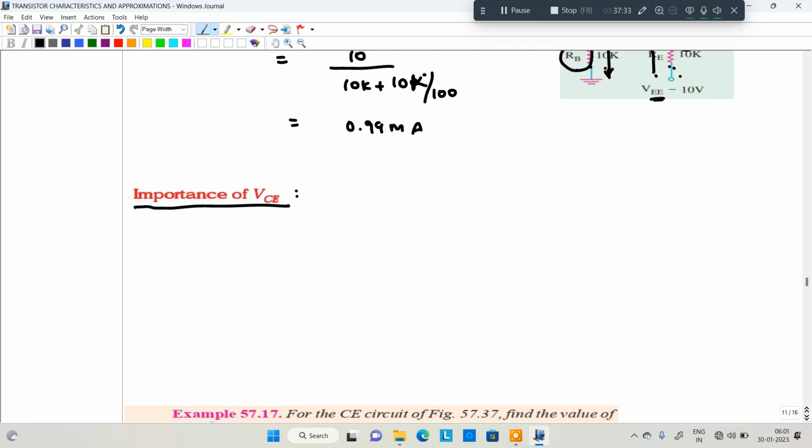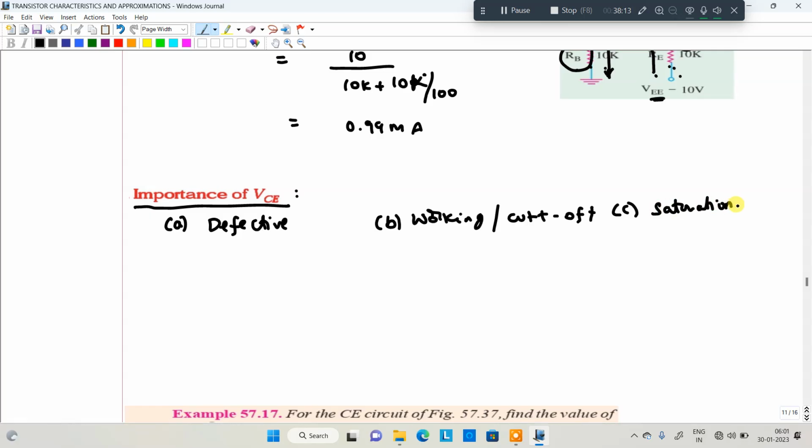By checking VCE, you can identify whether the transistor is defective, working in cutoff, working in saturation, or well into saturation. These points you can identify with the help of VCE. After testing, first, we can find out whether it is defective or not. The second one, working or cutoff, that is the off state. Third one, saturation or well into saturation.